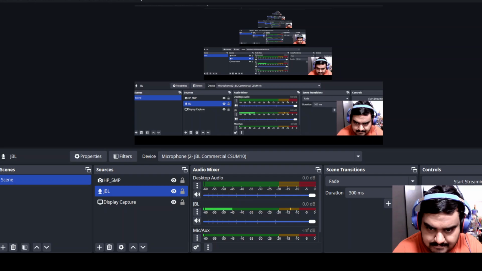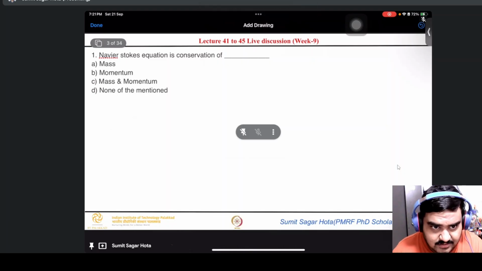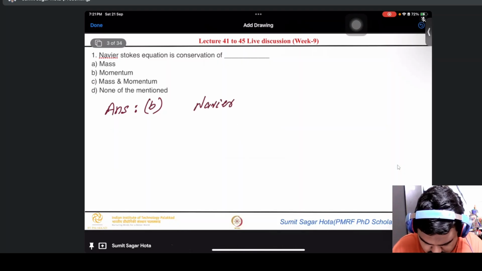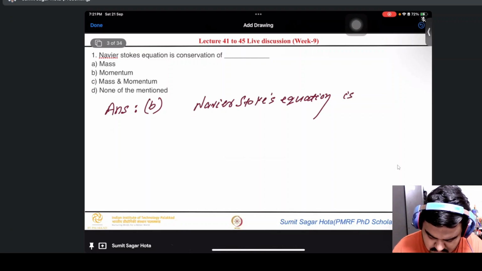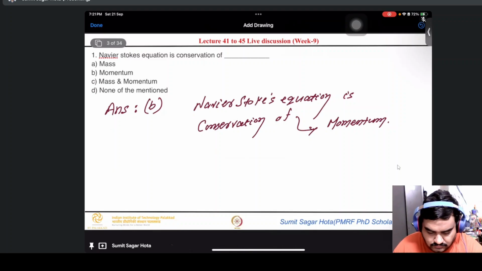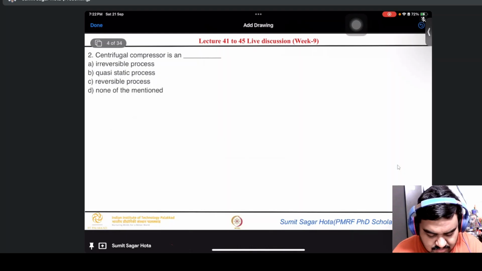So Navier-Stokes equation is the conservation of momentum. The centrifugal compressor is a dash.